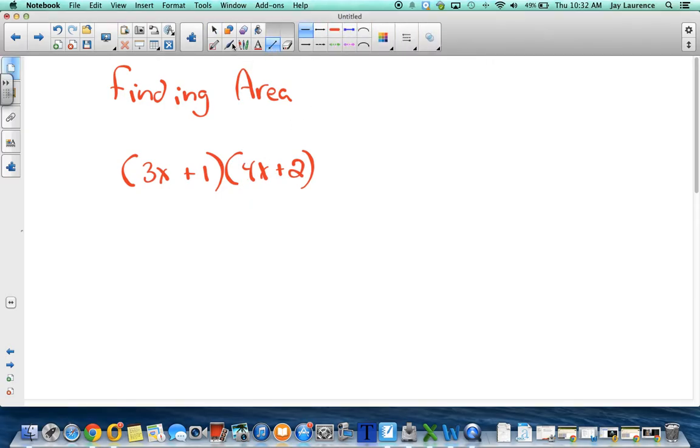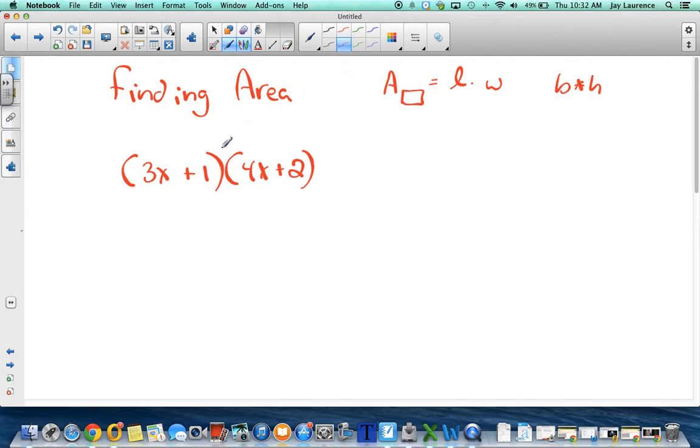Now, before we do, remember that to find the area of a square or rectangle, we like to use the formula of length times width. Or better yet, I like to use base times height. Okay, you understand those are not the definitions of area.